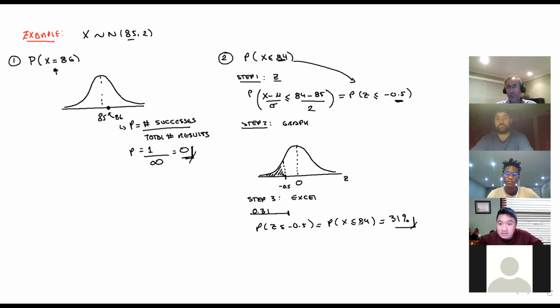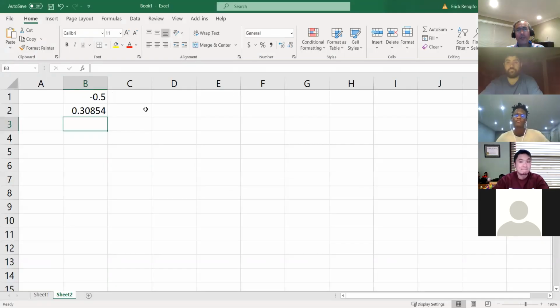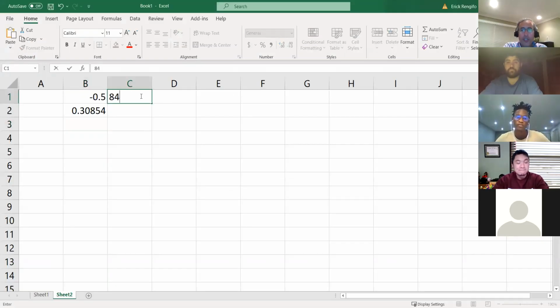So basically what I'm saying is that this process was used at the time when we did not have Excel, but at this point, what you can really do is simply use Excel. You enter 84, you enter 85, that's the mean, and 2. So let's do it with 84, okay?